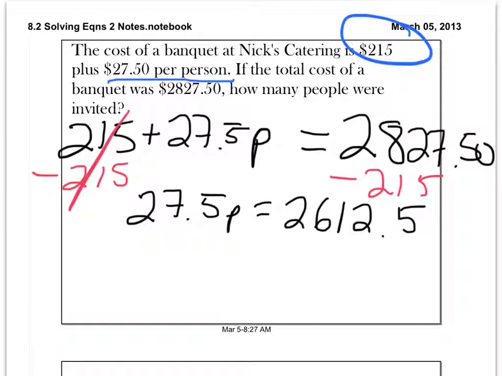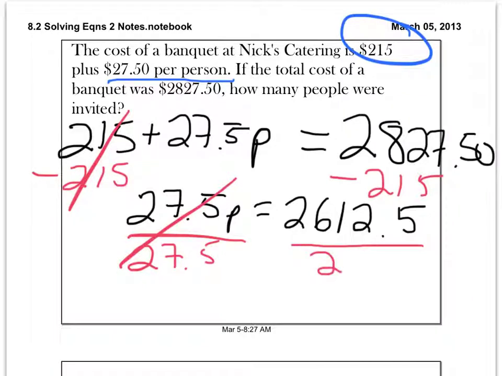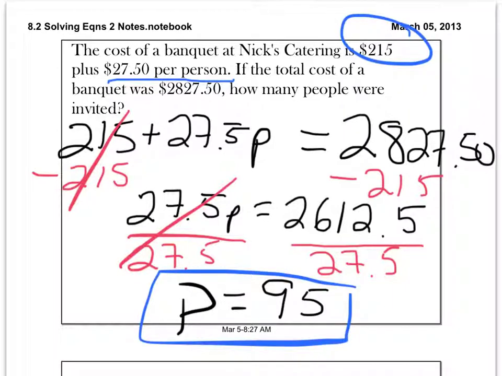And your final step, divide both sides by 27.5. Again, that will cancel. Do the same thing here. And you get P equals 95. So 95 people can attend the banquet at a cost of $27.50 per person.